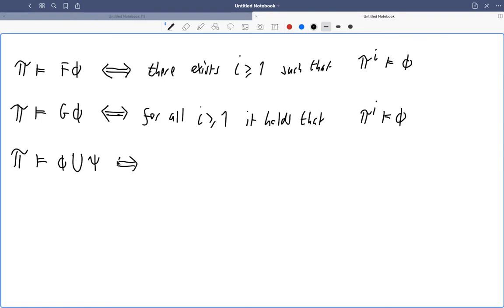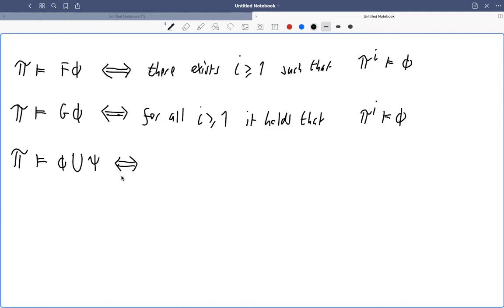So this says that phi holds and continues to hold until eventually psi holds.